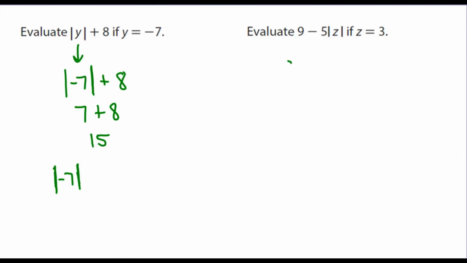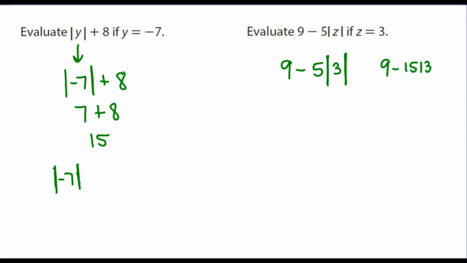Next one, 9 minus 5 times, again, we're going to treat that just like parentheses. If there's a number right next to the absolute value bars, that means we're multiplying. And again, notice that I exaggerated these absolute value bars. Again, I don't want to write them small like this.